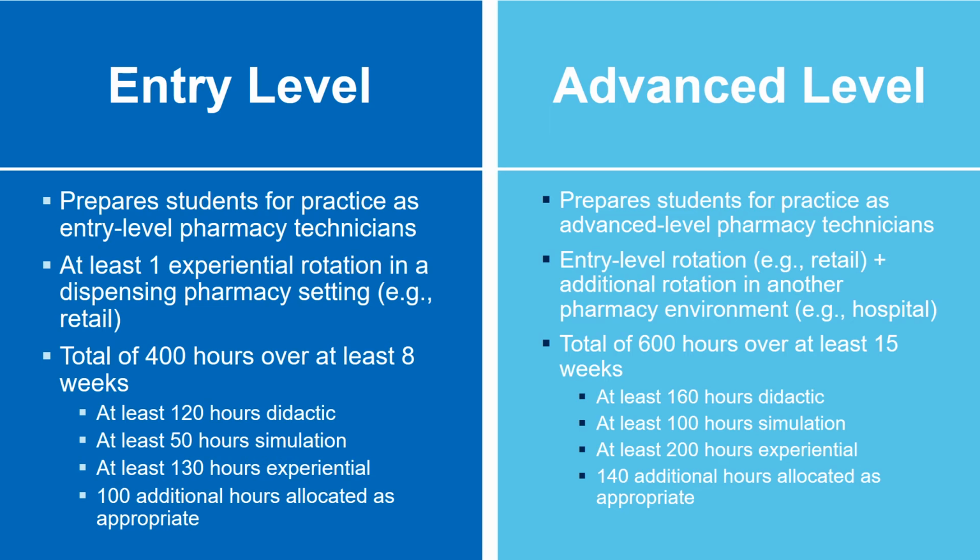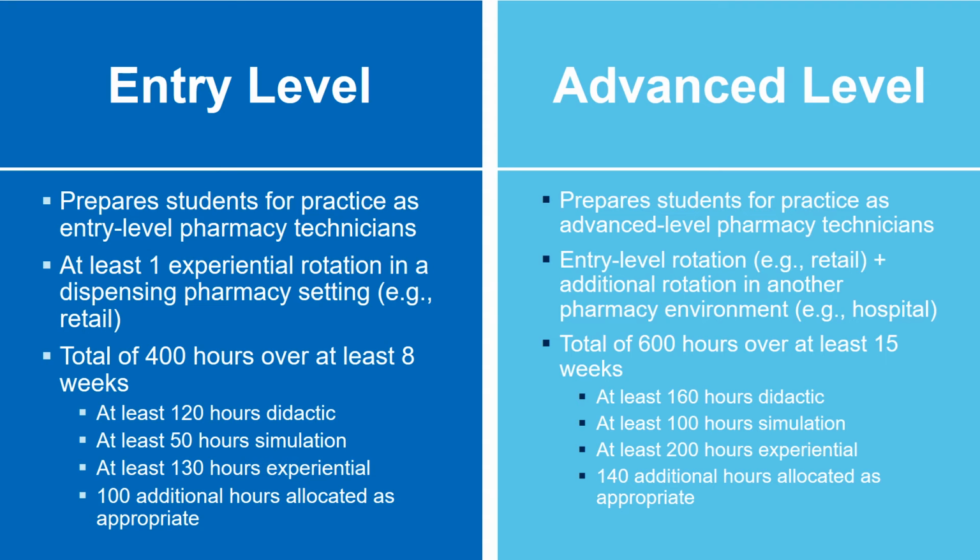It's also important to know that if you only apply for accreditation for one type of program, in the future you can also submit materials to be considered for accreditation of the second type of program, for no extra charge. If you initially are accredited for an entry-level program, you will need to be reviewed to ensure that your program covers the additional key elements required for advanced level education and training.